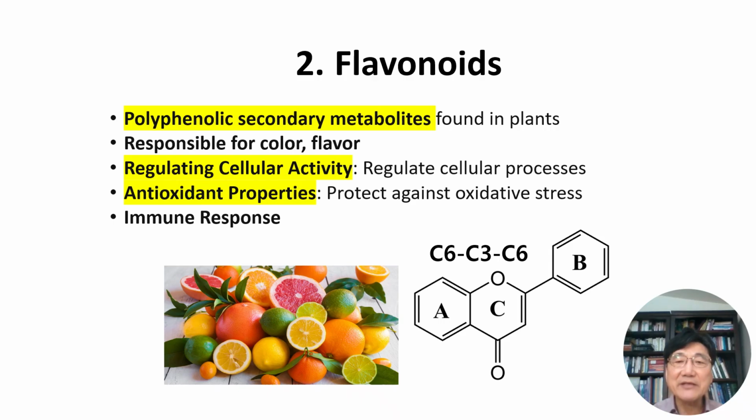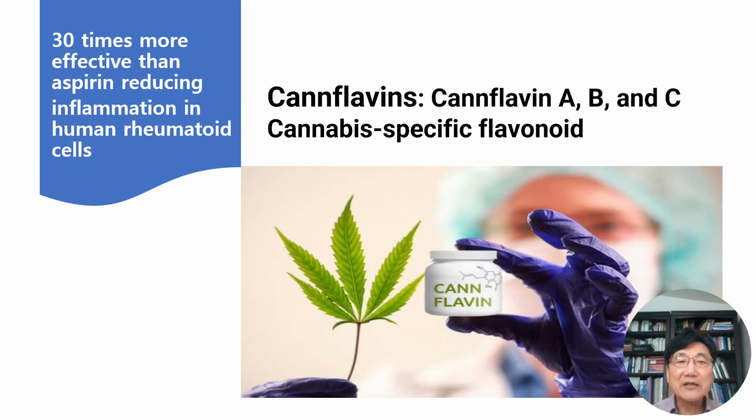Flavonoids have the basic C6C3C6 structure. Canflavins are the cannabis-specific flavonoids. Particularly, canflavin A was reported to be 30 times more effective than aspirin in reducing inflammation in human rheumatoid cells.